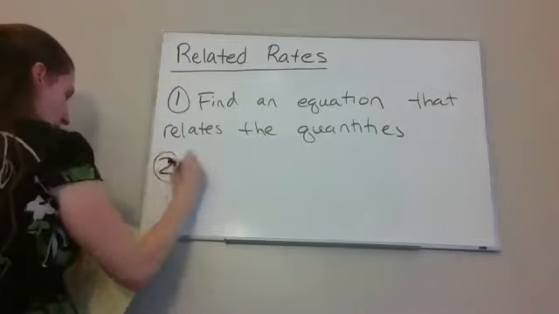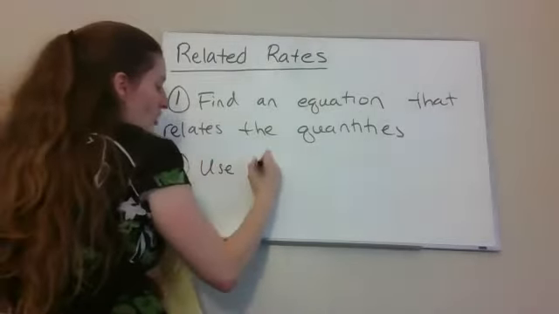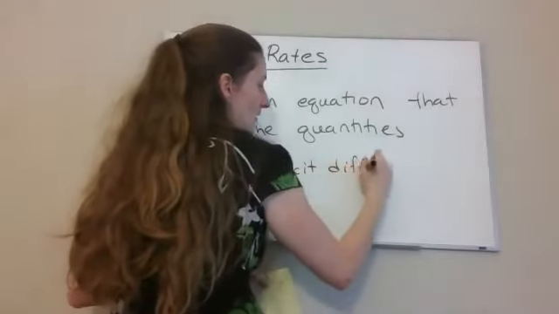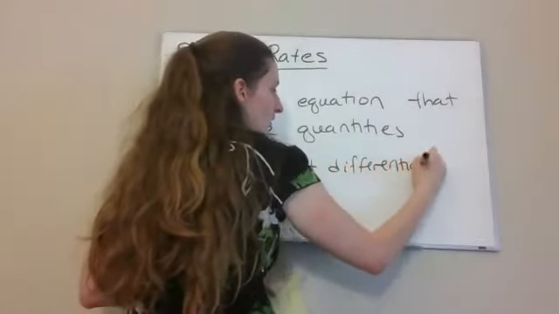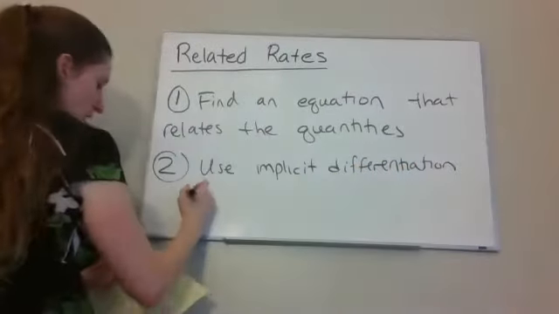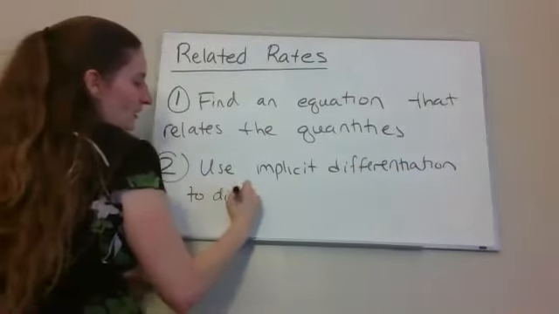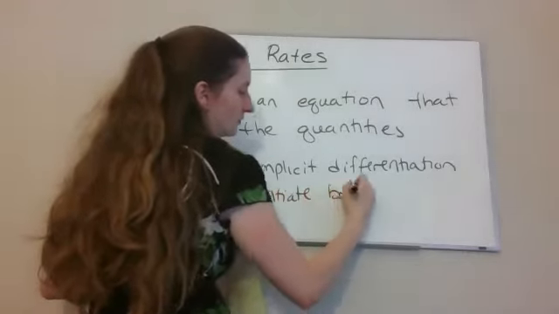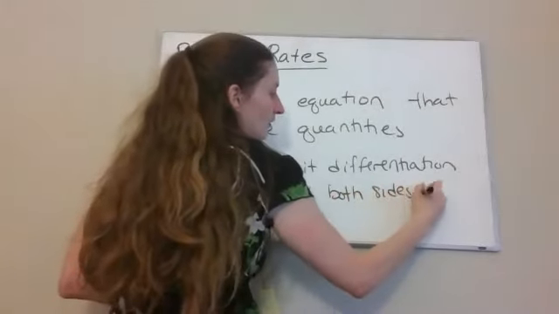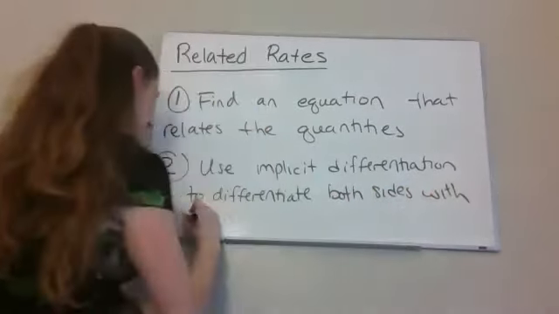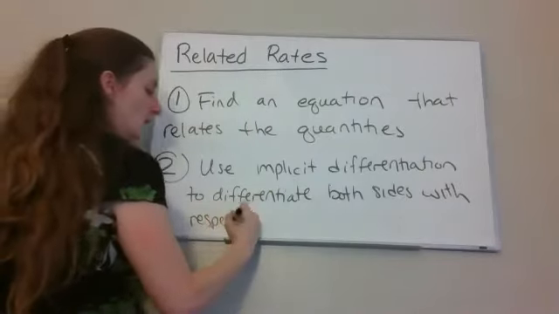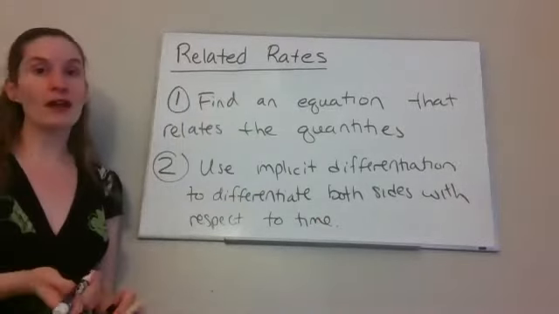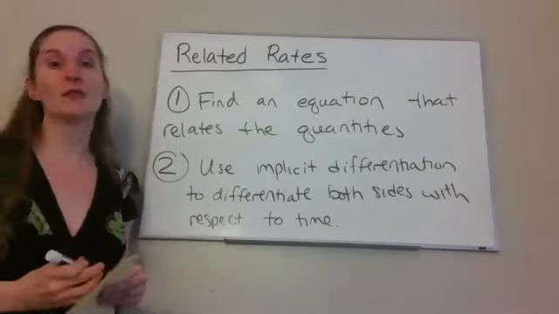And then step 2 is to use the chain rule or implicit differentiation to differentiate both sides of your equation with respect to time. Then you will need to solve for the rate that you're asked to find using the information given to you in the problem.